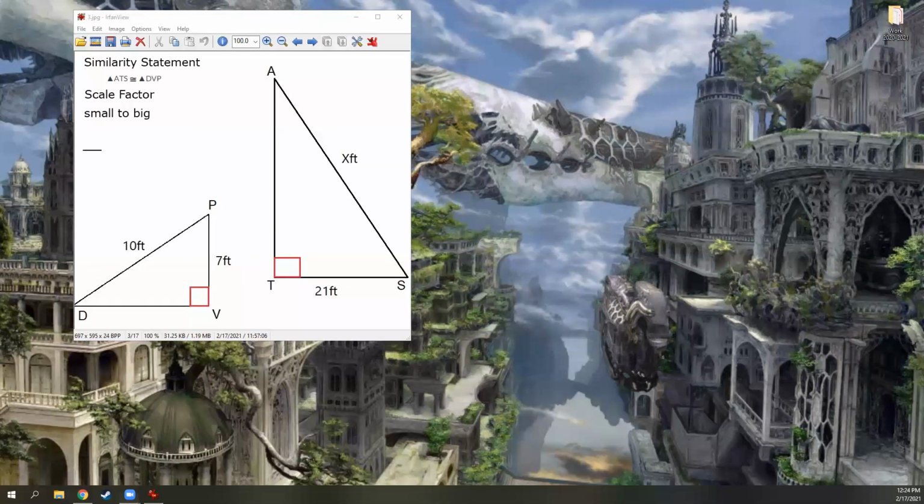Because I'm going from small to large, I want to put the larger triangle side on top and the smaller triangle side on bottom.